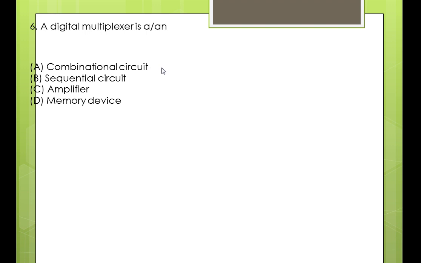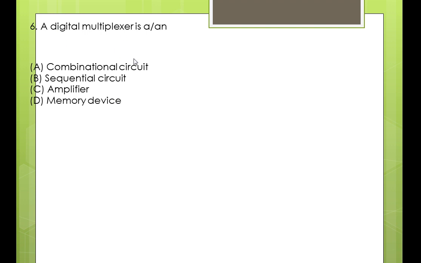The combinational circuit is the circuit in which the output is not fed back to the input. In a sequential circuit, the output is fed back to the input. An amplifier is used to strengthen a weak signal. And the memory device is used to store some information.